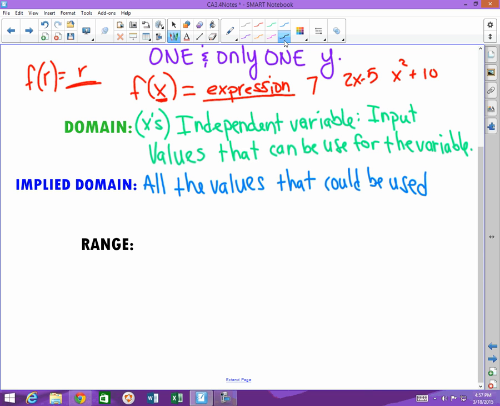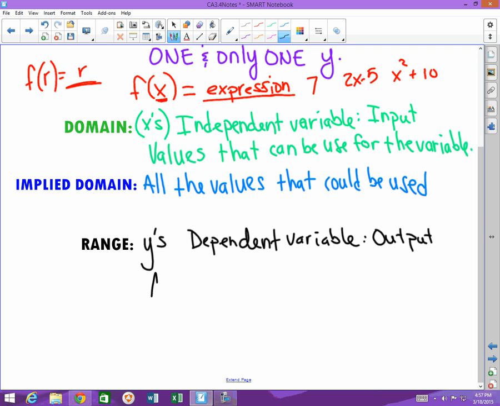And then the range would be the y's, the dependent variable. Also called the output.